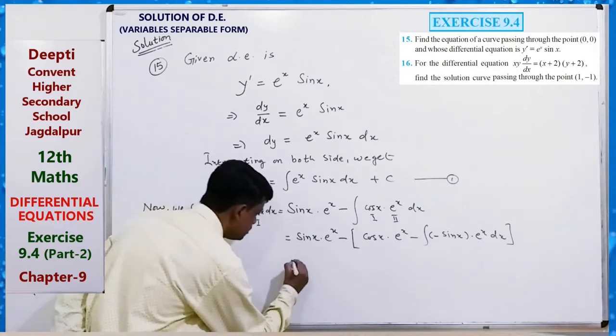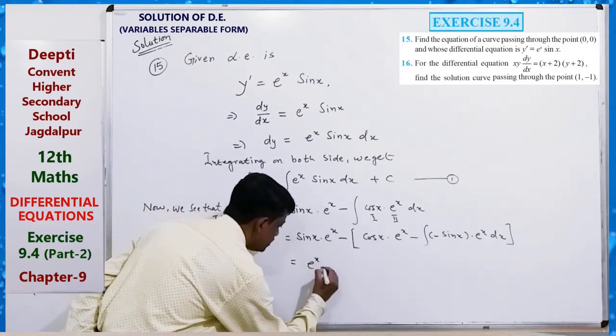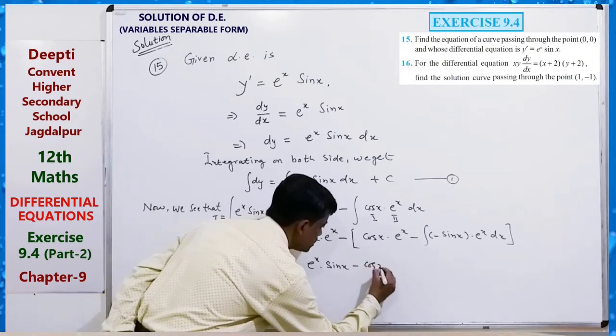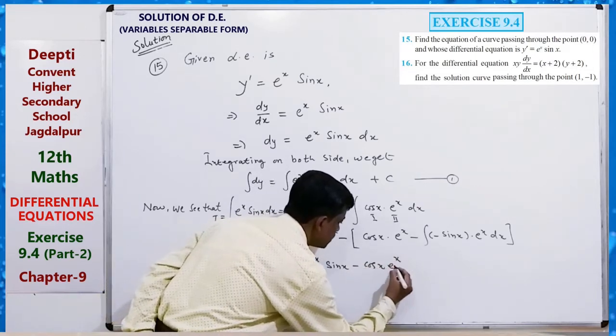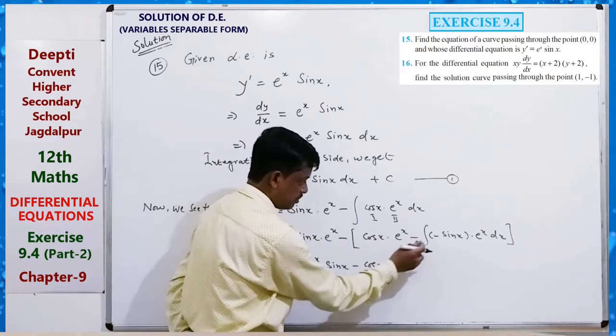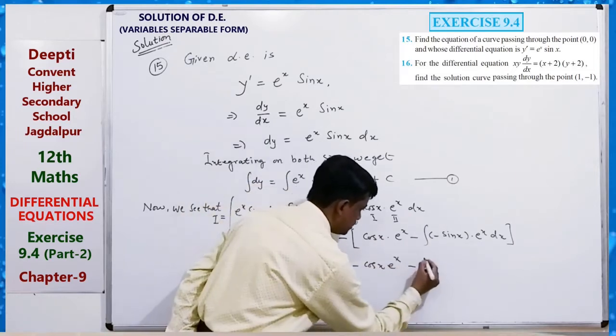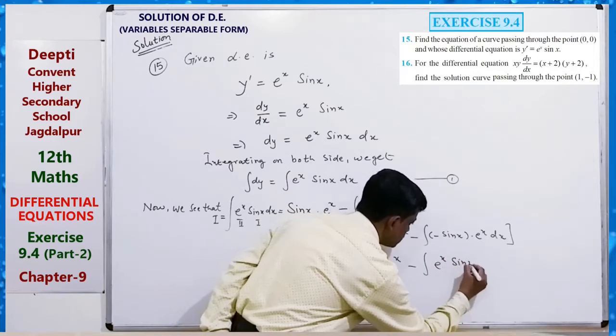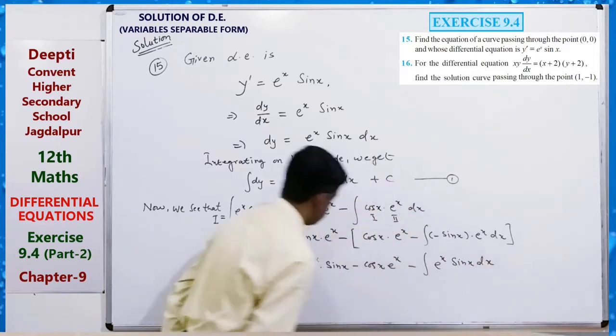So this equals e to the power x into sin x minus cos x e to the power x, minus integration of e to the power x sin x dx.